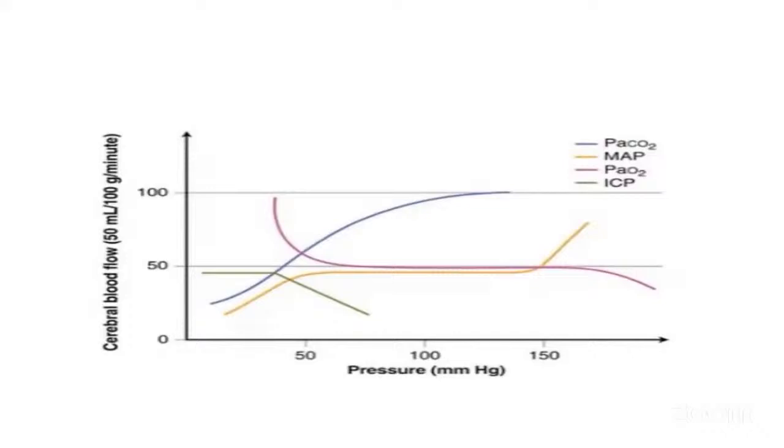There's an extracellular alkalosis, and that causes the release of vasoactive products, and that can lead to cerebral vasoconstriction.